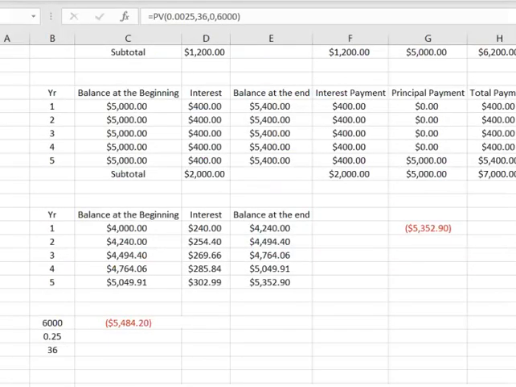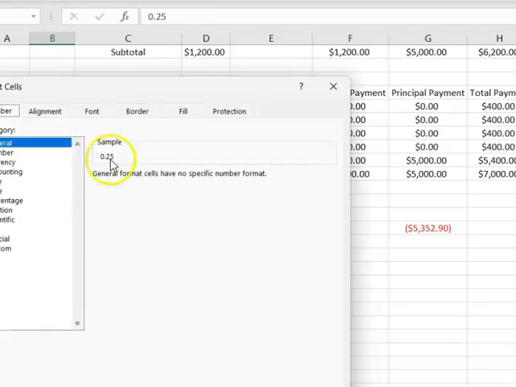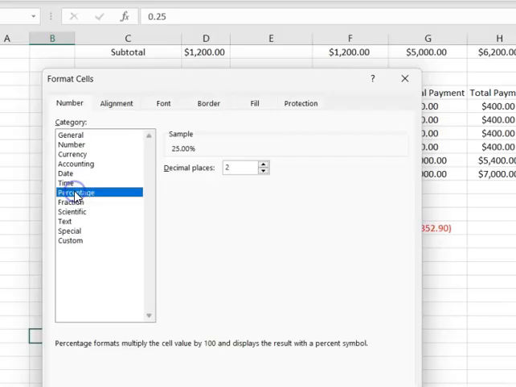And also let me teach you a trick, because I have seen many students get confused regarding the number of decimals and that type of thing they need to consider. I'm going to show you an easy way so you can handle this type of challenge more easily. So right click, format cell, and select percentage.